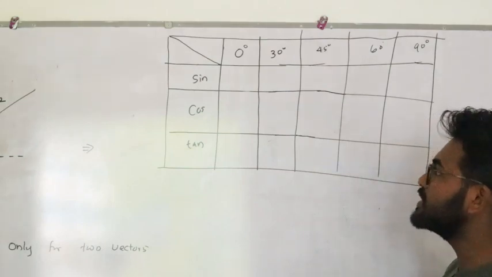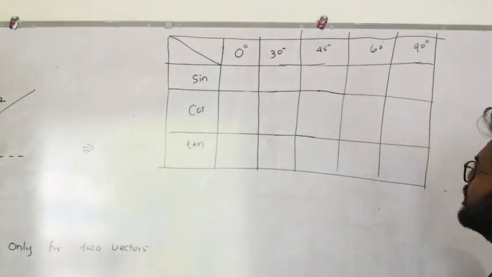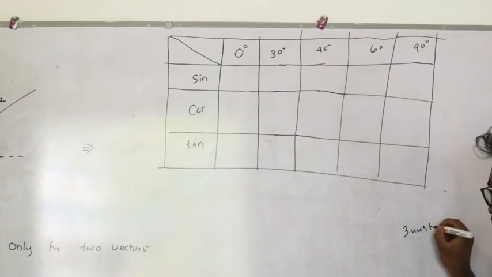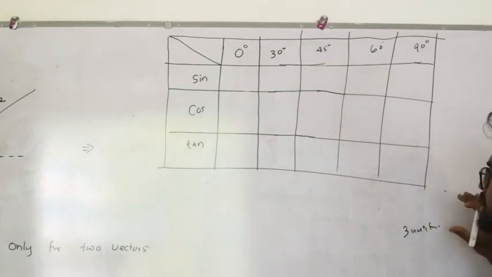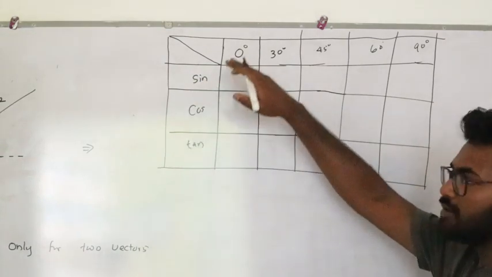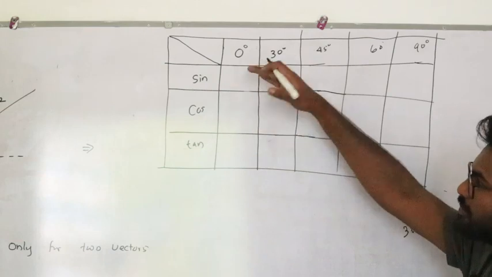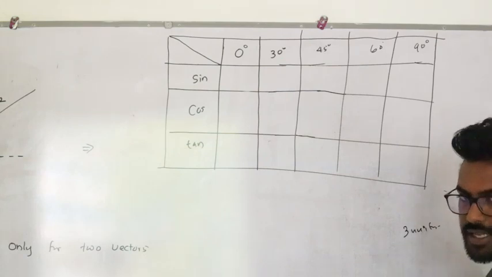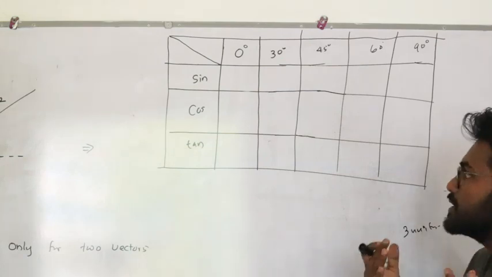If you need to use the sine table, it will be only one place. In the third unit, there's something called optics. In that optics part, we only need to refer the sine values, not the other two. But in modern questions, most of the time they are not asking you to refer the sine table. They will give the sine value if it is a different angle.